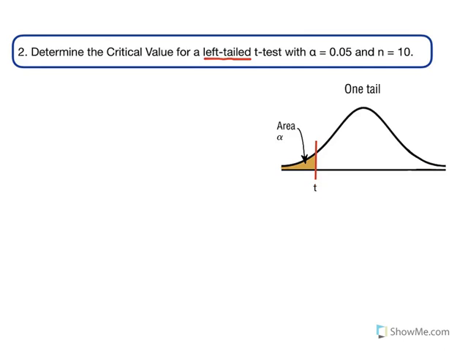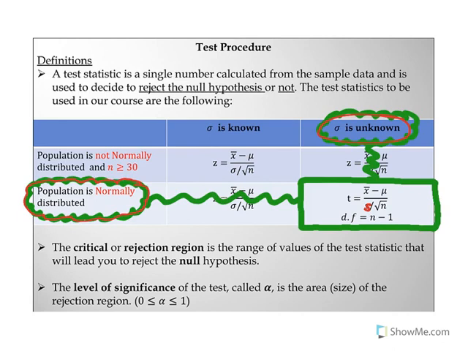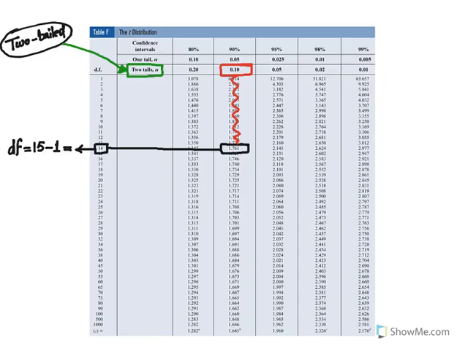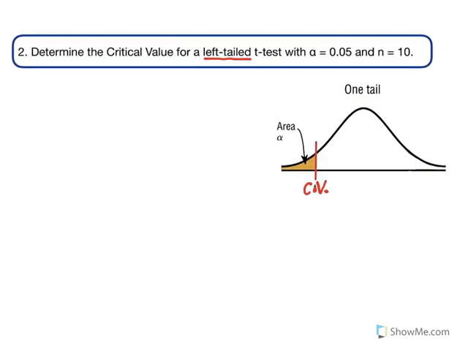The critical value is a t, but it's better to call it CV, so you don't mix it up with the t that you compute from the data when you are doing the test statistic. So when you compute a critical value, call it CV. Okay, so let's go back, and this is what we need to compute.